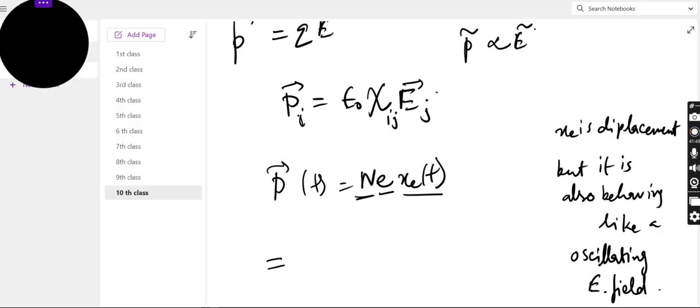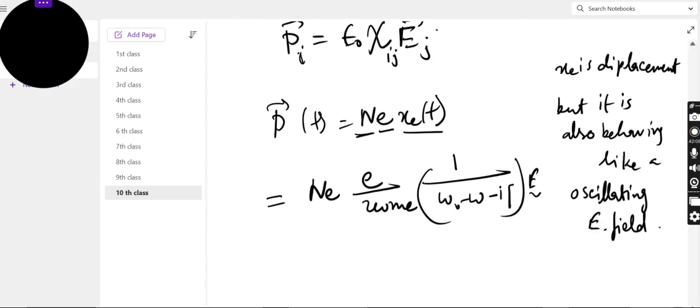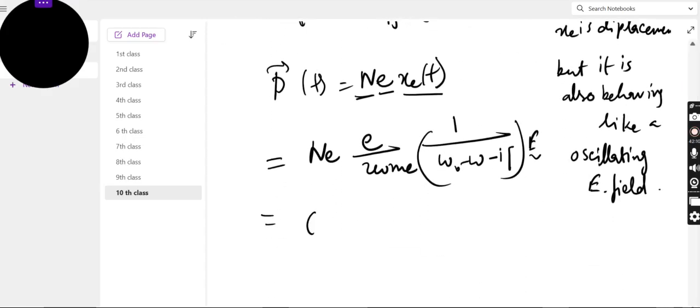If now we put the values here of x, we get to see this: omega naught minus omega minus i delta, times the electric field. So that is chi into E.